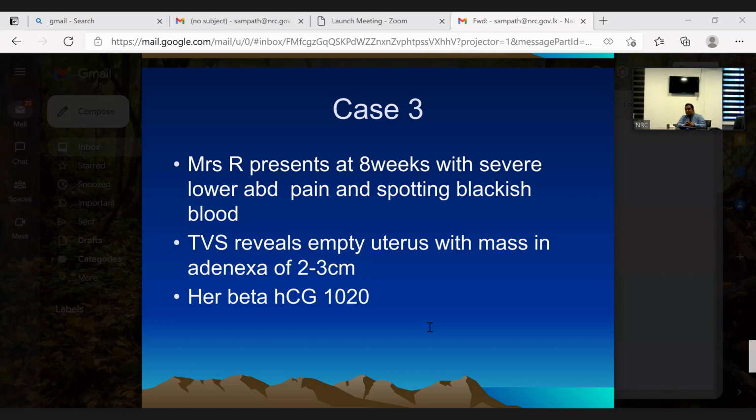She has pain, spotting, and no hemoperitoneum. But there's a mass of 2 to 3 centimeters and a somewhat active ectopic pregnancy, beta HCG 1,000 to 3,000. So you can't say conservative management also.